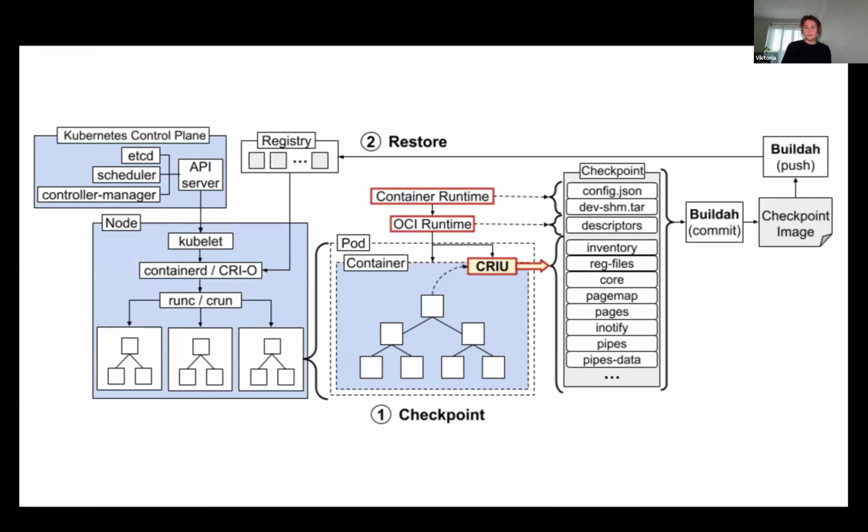So for anyone who doesn't know, this is the bad quality picture that shows how checkpoint restore is integrated into Kubernetes. We need a specific tool called CRIU installed on a physical node, which itself performs checkpoint restore.